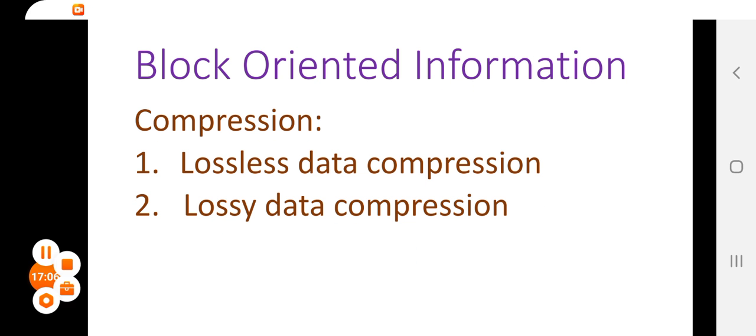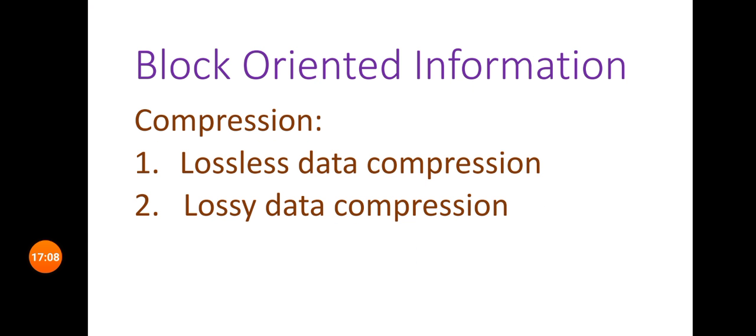Now come to the next topic, that is block oriented information. For block oriented information, data compression can be done using two different types: lossless data compression and lossy data compression.